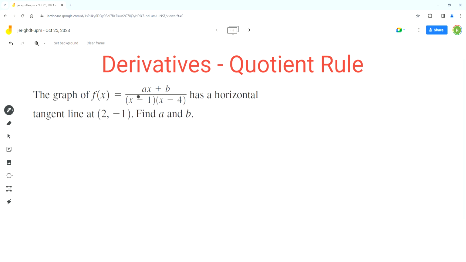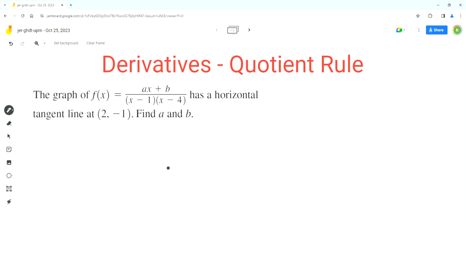Since the given function is a rational function, we'll use the quotient rule to find its derivative. In this function, the denominator is made up of two factors being multiplied to each other. So before we use the quotient rule, we should distribute the terms in these factors to get a single expression.